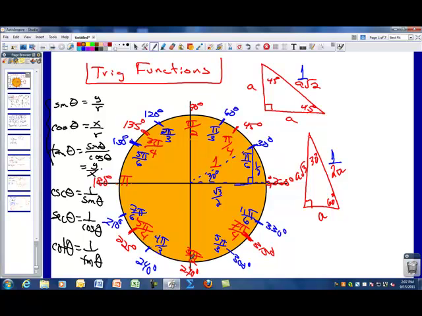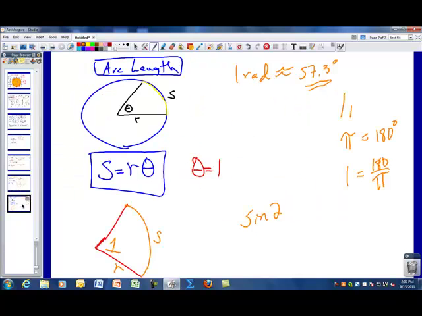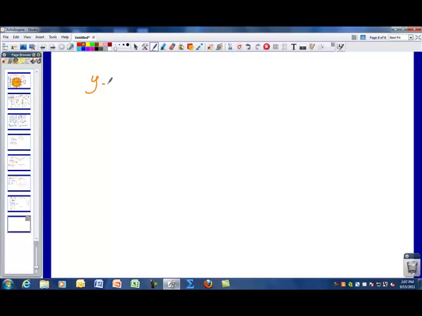Okay. We still have one last thing to tie back into, and that's going back to that shift. I kind of previewed it a little bit here. Let's talk about shifting in general. So if you have y equals a times the quantity, we'll use sine, I want to use the same notation that's in your book, 2 pi over b times that quantity x minus c, parentheses, bracket that, plus d.